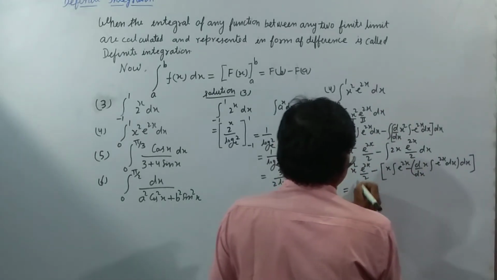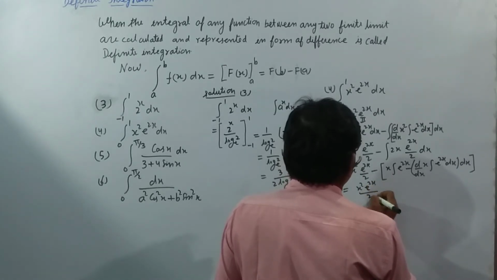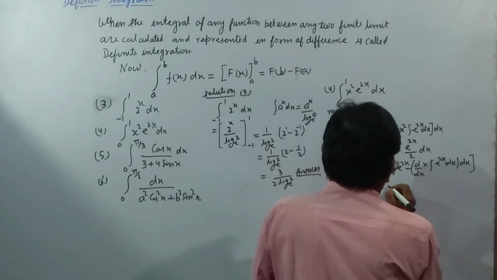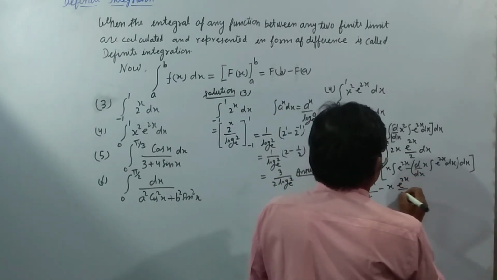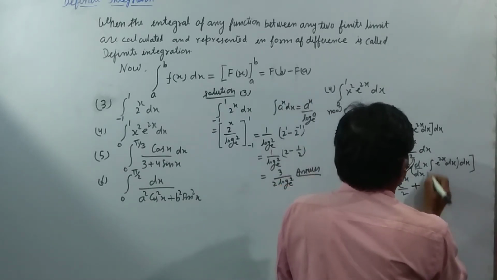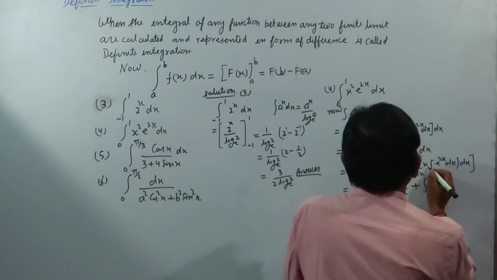Now this is equal to x square e to the power 2x divided by 2, minus this is x e to the power 2x by 2, minus this is a plus, integration of this.